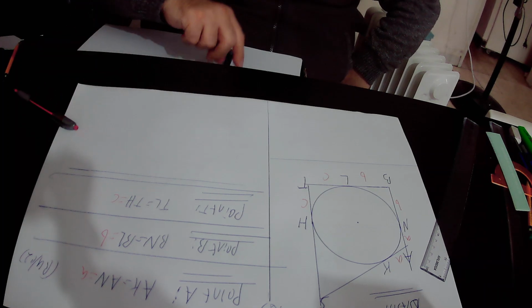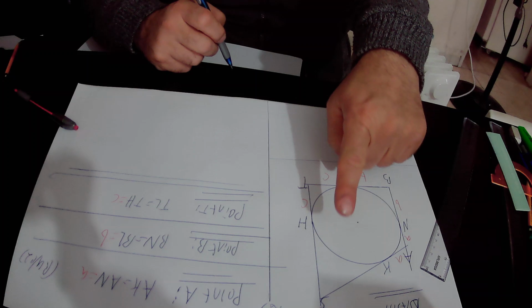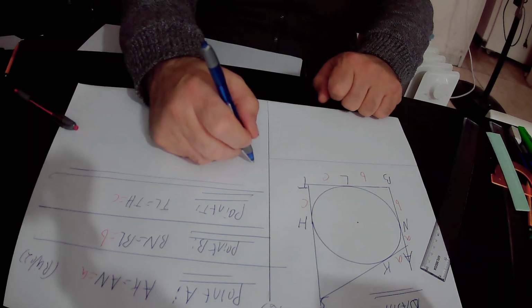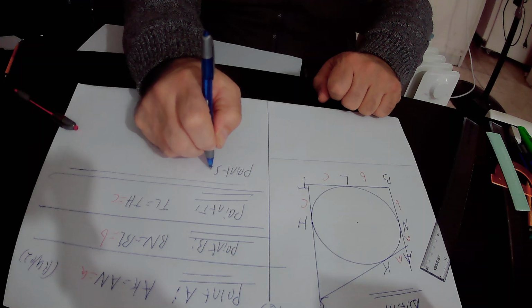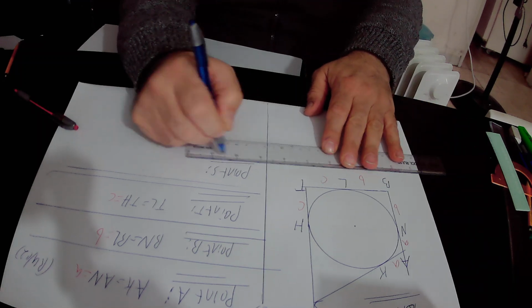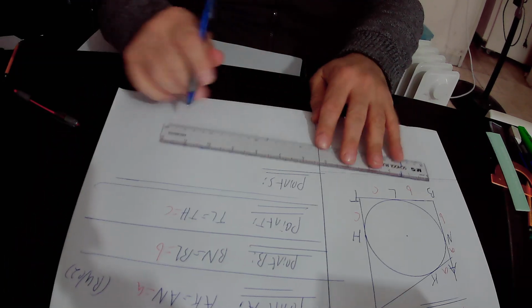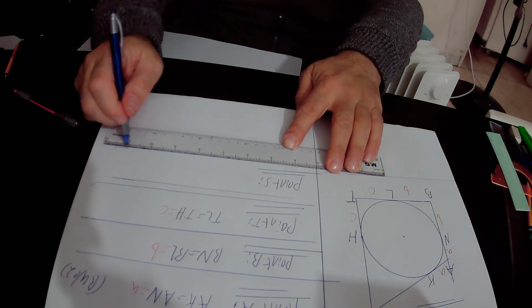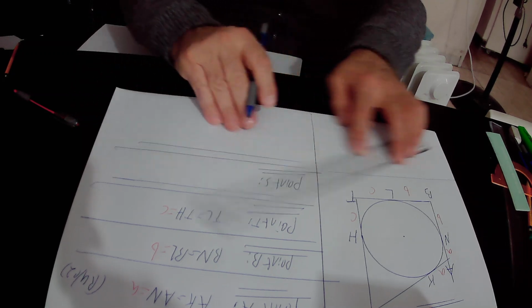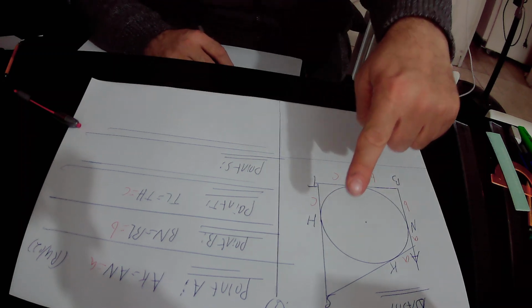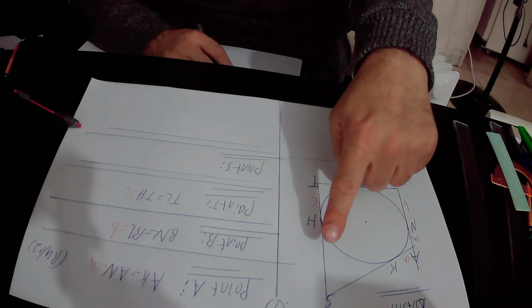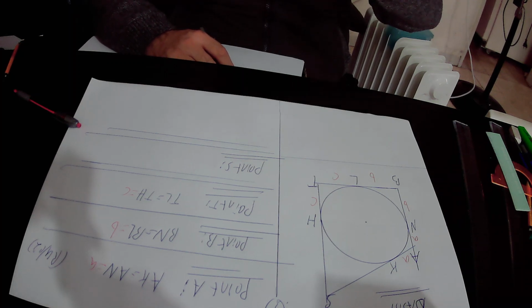And finally, we focus on the common standpoint, point S. From point S, we have two tangents to this circle, tangent SK and tangent SH. According to rule 2, they are equal to each other.